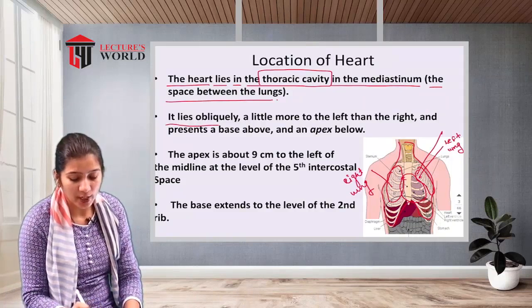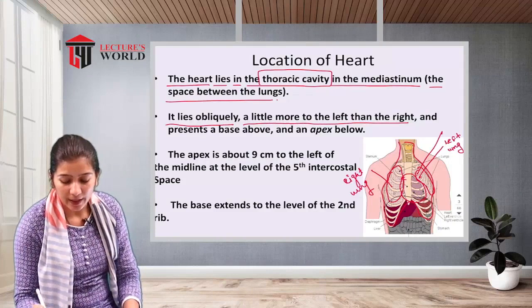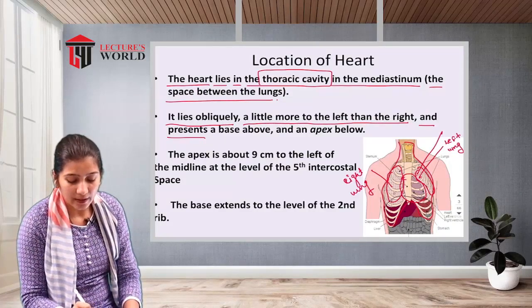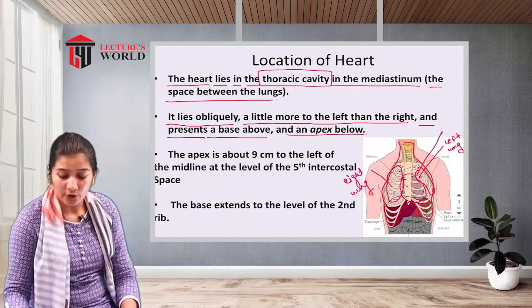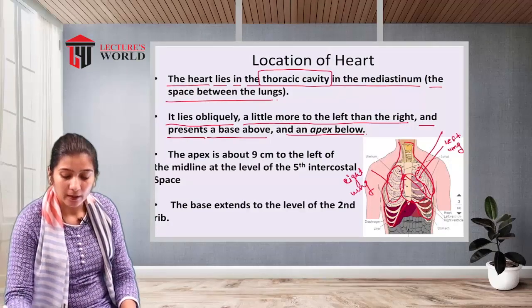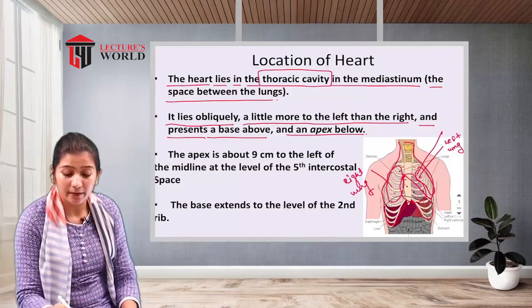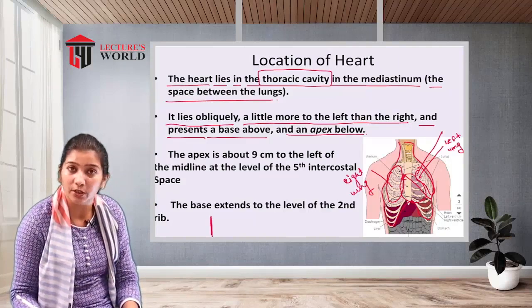It lies obliquely, a little more to the left than the right, and presents a base above and an apex below. You can see the lie of the heart is oblique. There are three lies. If it is in a straight position, it is known as a longitudinal line.